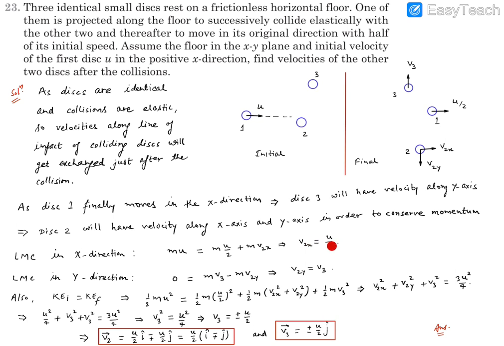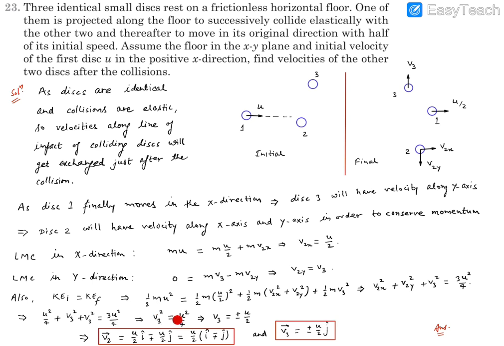Now v2x is known to us, that's u by 2, we can substitute over here. We also know that these two numbers are identical, so we can put in terms of v3. So that will be v3 square, v3 square, and u square by 4 goes here, which becomes u square by 2. Ultimately you get 2 v3 square equal to u square by 2, which says v3 square is equal to u square by 4.